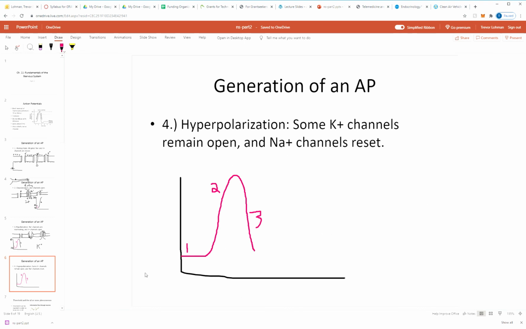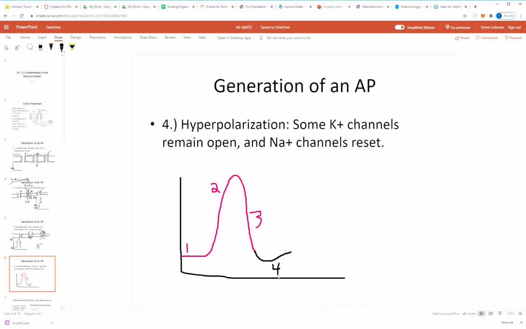So I'm not going to ask, hey, what's phase 2? I'm always going to ask you a specific question, like what channels are open during hyperpolarization? What is potassium doing during repolarization? What is sodium doing during depolarization? I'm not going to make you memorize numbers. I don't think that's useful.